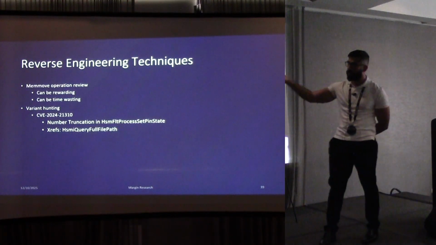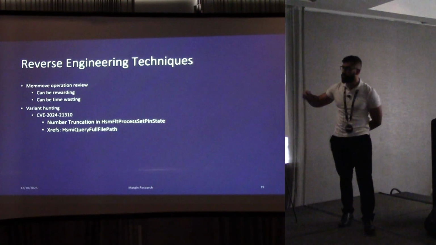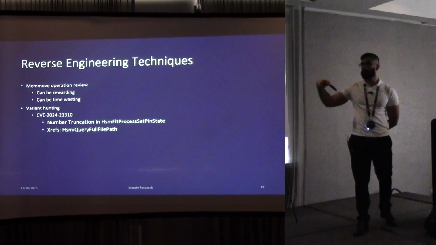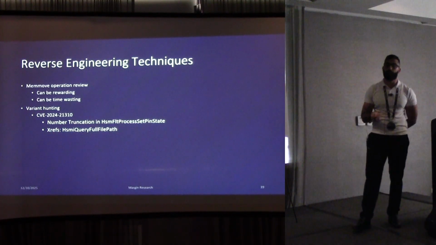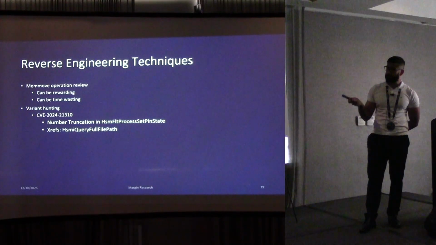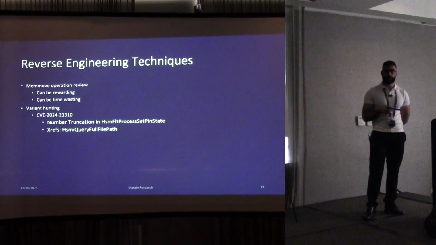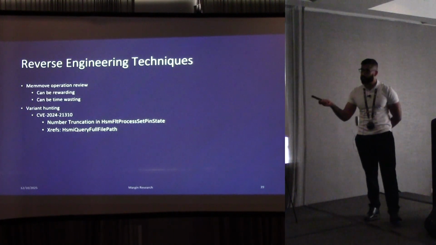Additionally, when I said variant hunting, there was that CVE with set pin state. Specifically, it was fetching a file path, and if a certain operating system feature is on, which is 64-bit file paths, typically in Unicode strings in the kernel, that value is being stored in a word rather than a keyword, which is a 64-bit.